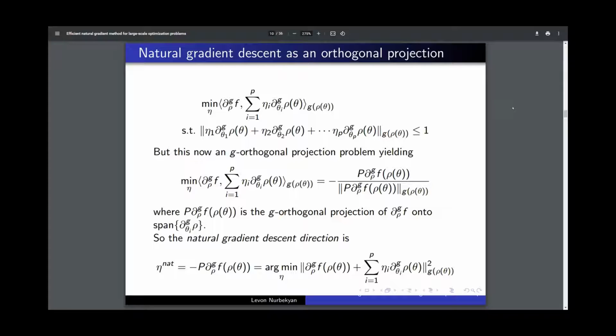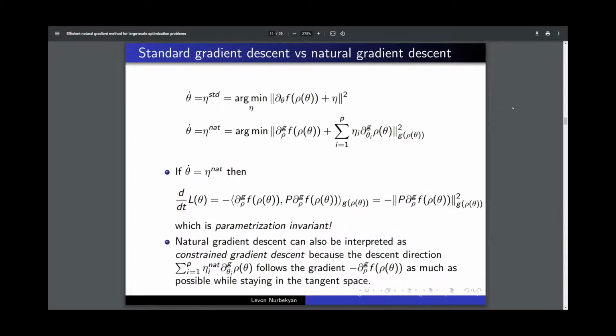That's why we need the projection on this tangent space. And so if we disregard the length, then the natural gradient descent is given as the following orthogonal projection problem. Let me show you this slide where you'll see the difference. On the top, I have the standard gradient descent, where I'm essentially trying to follow the gradient in the parameter space.